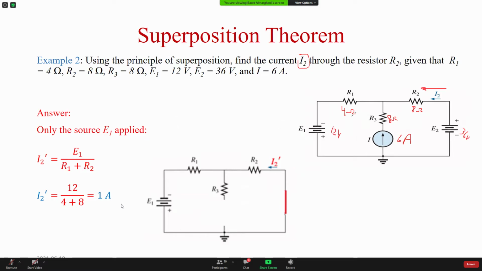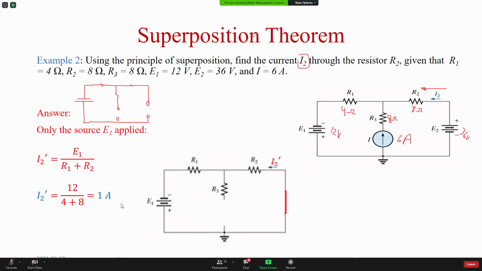So the first circuit is going to be like this. I'm going to draw them small here. This is the first circuit, only this source. I removed this and this.